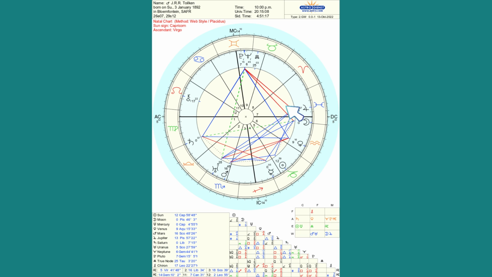So, like I said, if you are just learning how to read a chart, I recommend starting with your sun sign, your moon sign, and your rising sign. For instance, in Tolkien's chart, his rising is in the sign of Virgo.